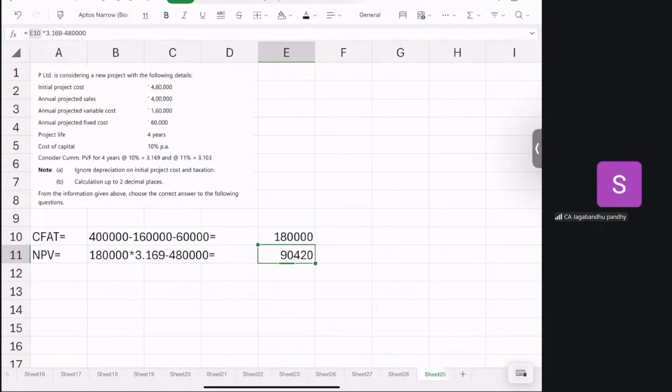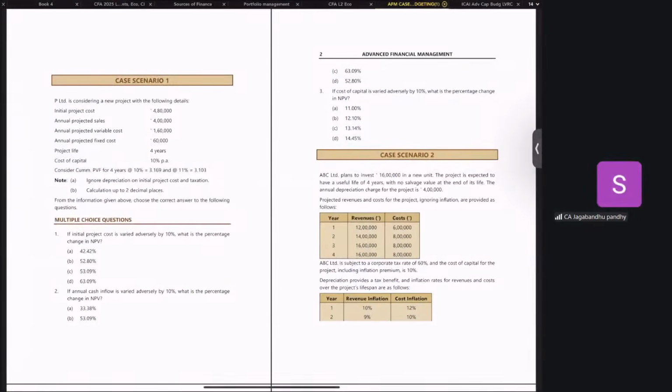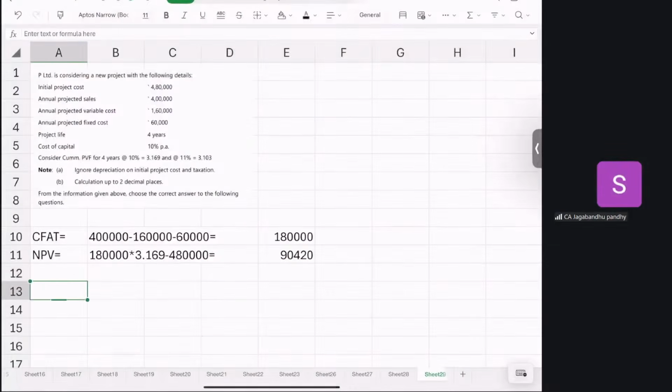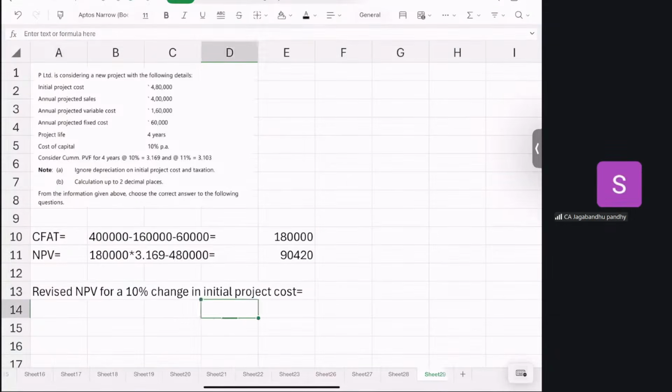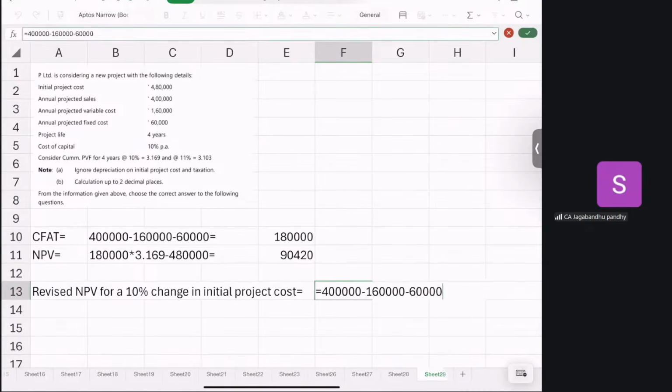Okay. Right. Now for this case, we are going to change the initial project cost by 10%. So revised NPV for a 10% change in initial project cost. CFAT remains the same. Okay.